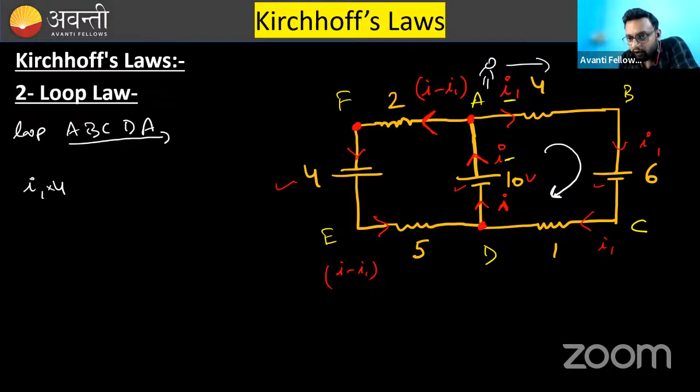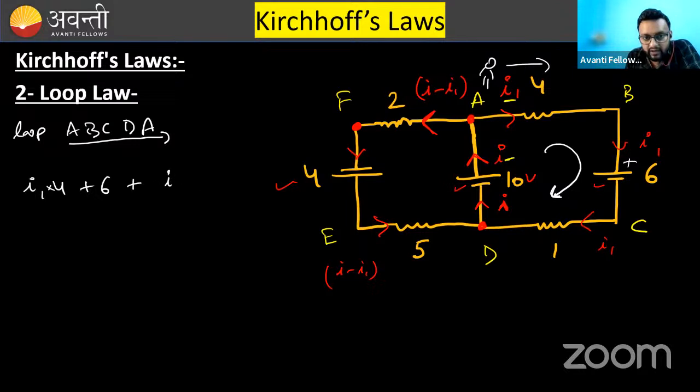Now, from B to C, you are entering the cell from the positive side. That means you should write it positive. Again, when you are coming from C to D, you need to complete the revolution. Now, when you are coming from C to D, you are again moving in the direction of current.